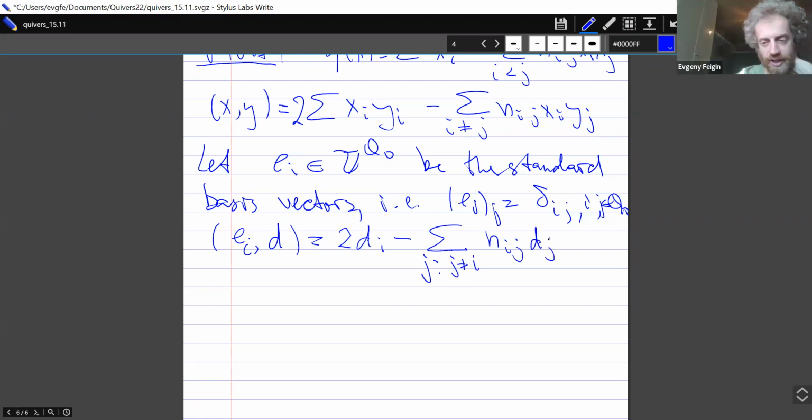So this is our formula, and we know that this equals 0 for any i. This means that we can express d_i in terms of the d_j's.